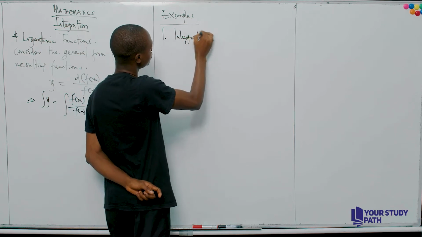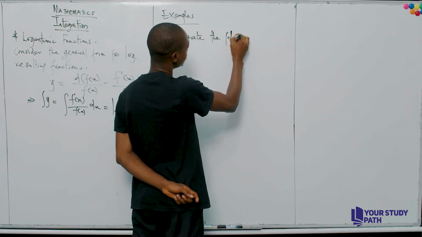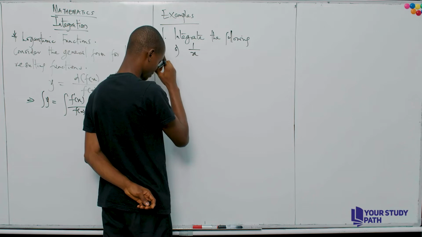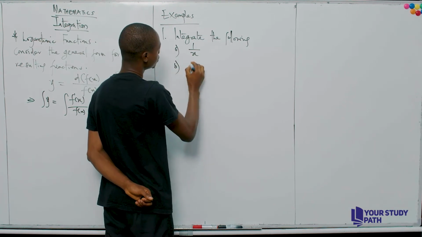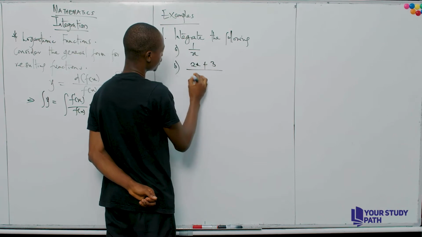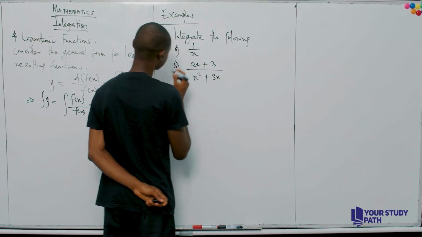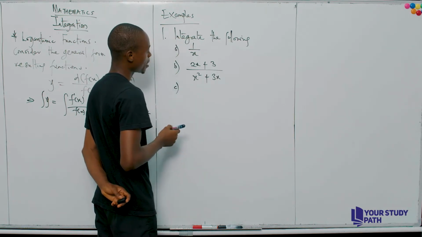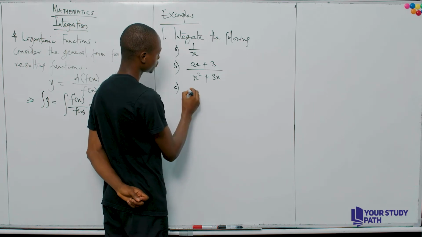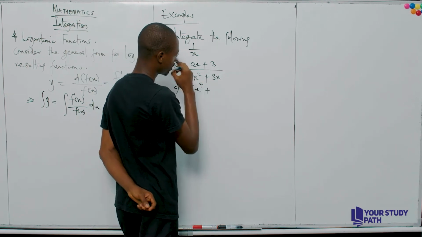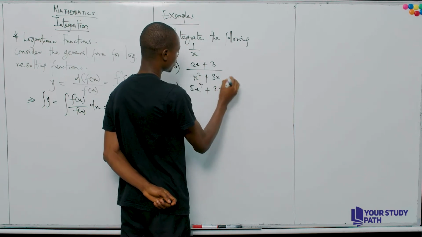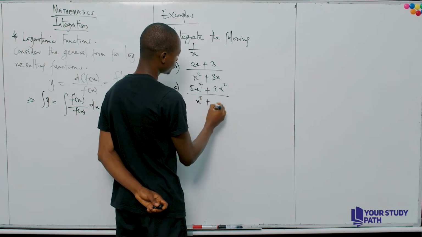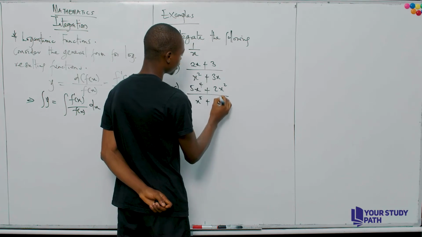Integrate the following: 1 over x, 2x plus 3 divided by x squared plus 3x, and 5x to the power 4 plus 2x squared, all divided by x to the power 5 plus x to the power 3.